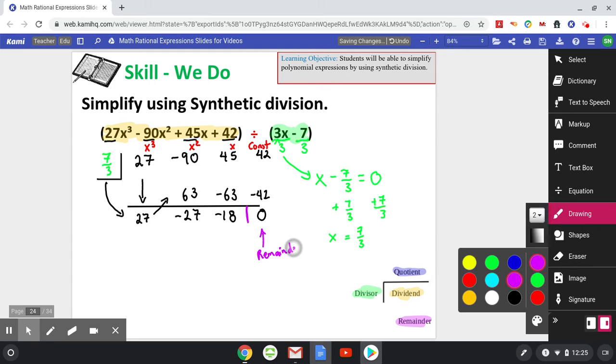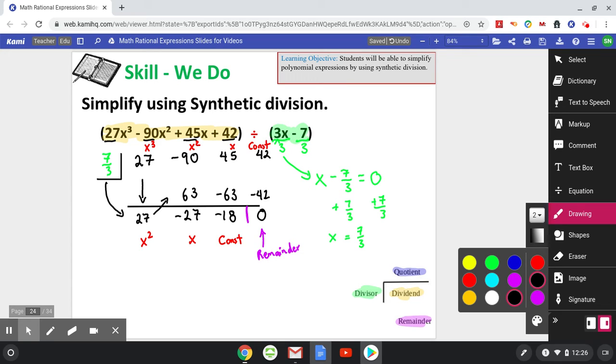So we have a remainder of 0. And the rest of the numbers would be, this is a new constant, this is the x, and this is the x squared. Because we divided, in this case we decrease the exponent by 1. Now we have to write down the answer.